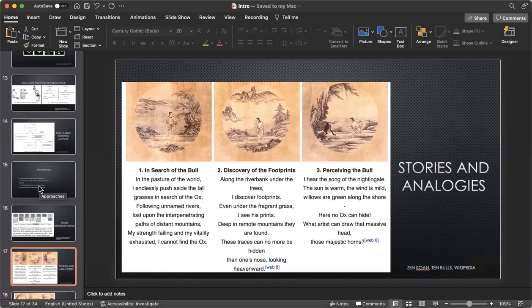After many, many days of traveling across this vast terrain, he can finally see the footprints of the bull. He begins to perceive that the bull has been here and is probably somewhere in that region.